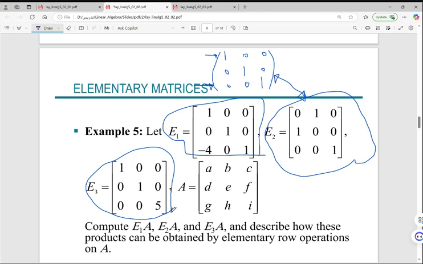Yes, doctor. Okay, great. So E1, E2, and E3 are elementary matrices.